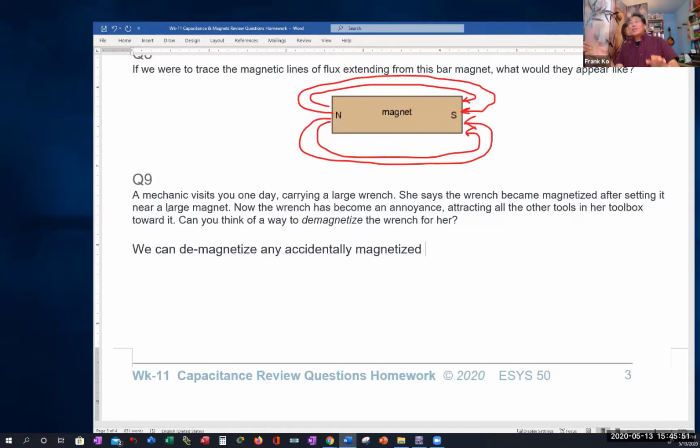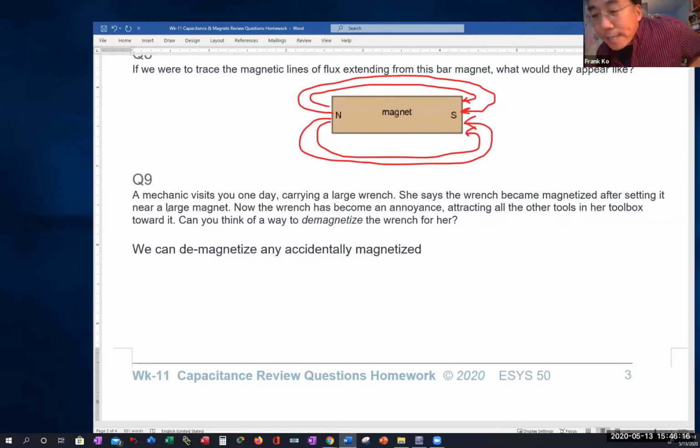Well, you've experienced a real life situation. You take that screwdriver and you happen to have it near the back of a speaker, and boom, you've magnetized the screwdriver. Now the screwdriver is a very handy device because it's picking up screws for you and can hold the screw in place.